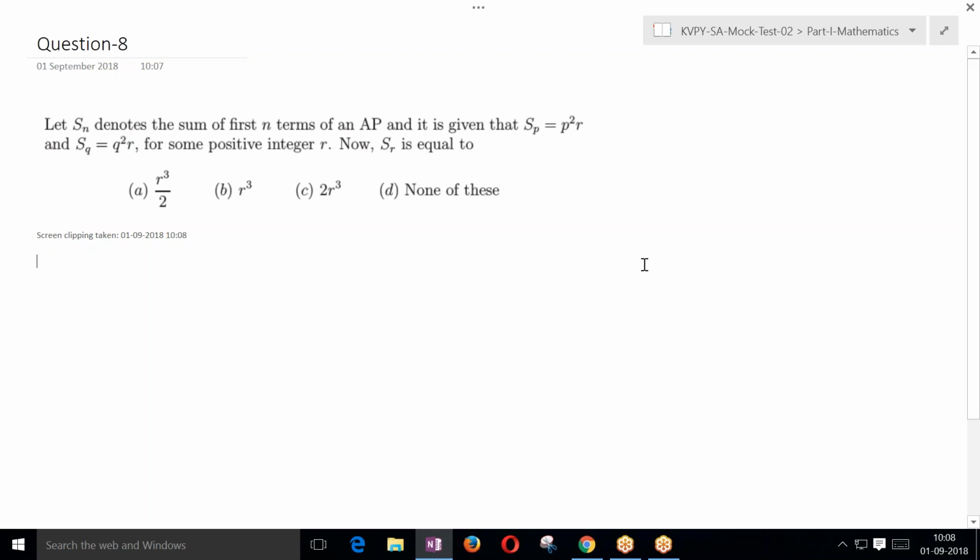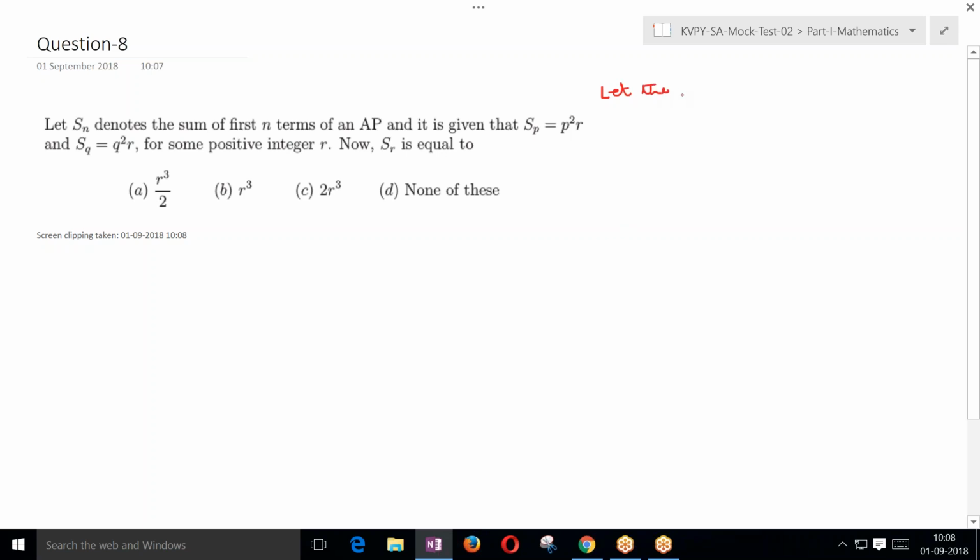Then we need to find Sr. What is Sr? Sr means sum up to the first r terms. So what is given? Let us assume that the first term and the common difference of that AP be A and D respectively.